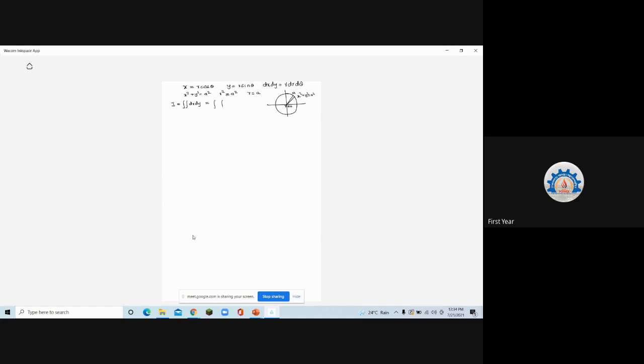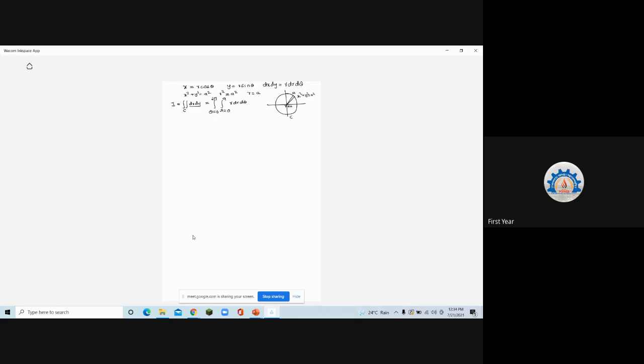So what will it become? dx dy will become r dr d theta. If it is asked for the entire circle, then the limits of r go from the origin to the radius, that is 0 to a, and theta, since the entire circle is asked, goes from 0 to 2 pi.